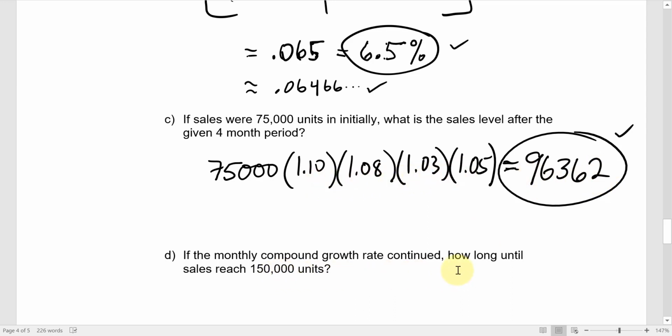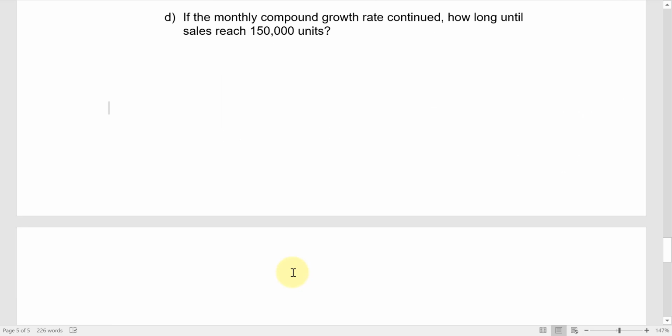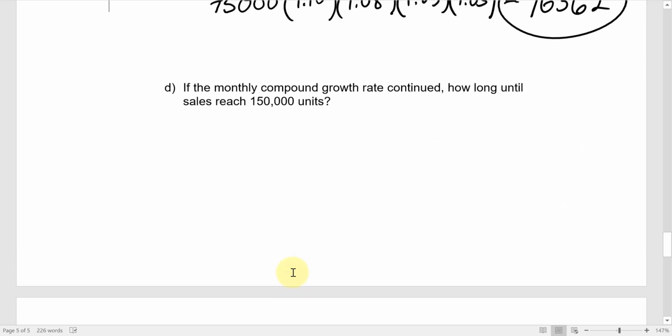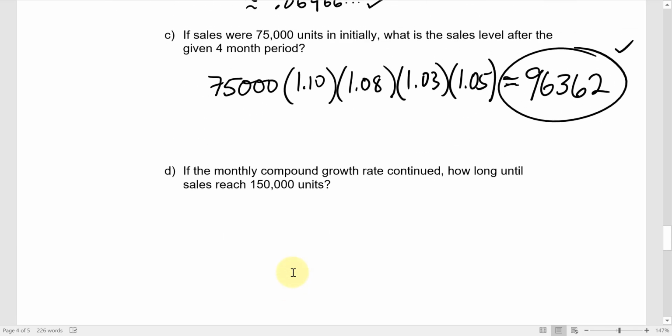So how long does it take to reach 150, let's say, to double? Now this is not actually specifically the Math 140, but I thought it might be interesting to add in here. This is where we need the log function. So what we're looking at is an equation.